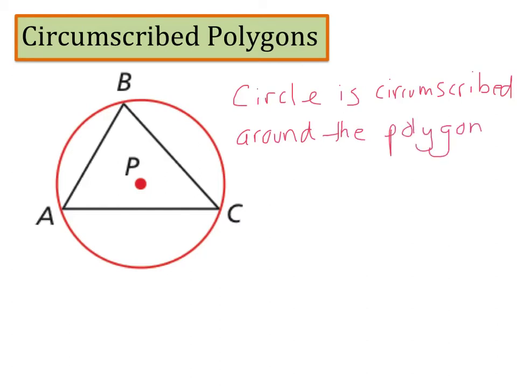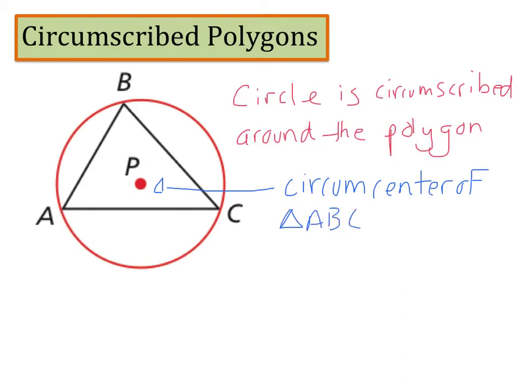So it means it's going around all the edges of the polygon. And we say that this point P, which is the circumcenter of triangle ABC, is also the center of the circle.